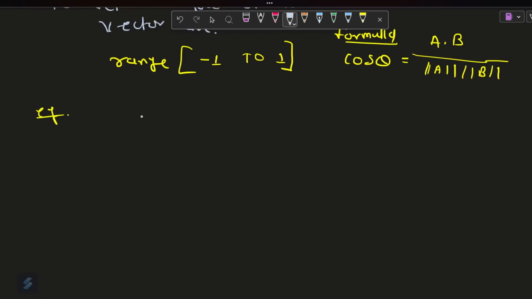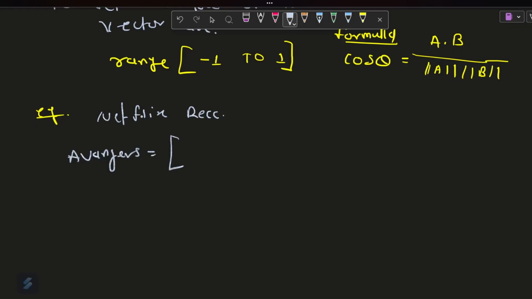Let's consider a Netflix recommendation system, and let's consider we are watching the Avengers movie.